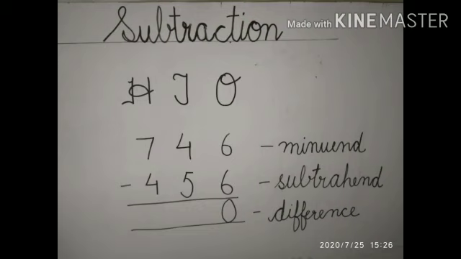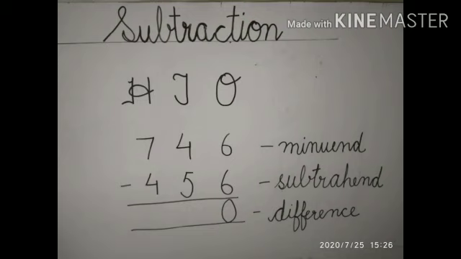So at ones place we have to subtract 6 from 6, as we all know that if we subtract the same number from itself, the answer will be 0. So, when we subtract 6 from 6, we get 0. Understand, students? Now, we will move to tens place.